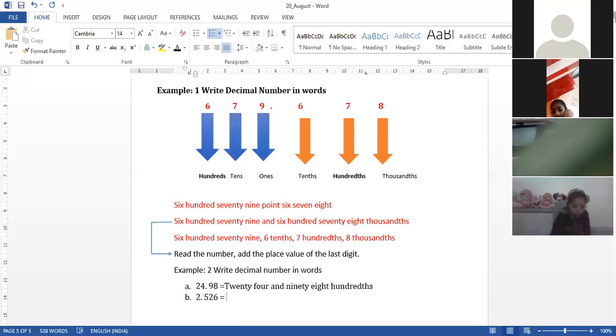Thousandths place. So 2 and 526 thousandths. Why am I writing "and"? Because the digit before the decimal is greater than 1. 2 and 526, and the last digit is in the thousandths place, so we write thousandths. Note down, everyone.